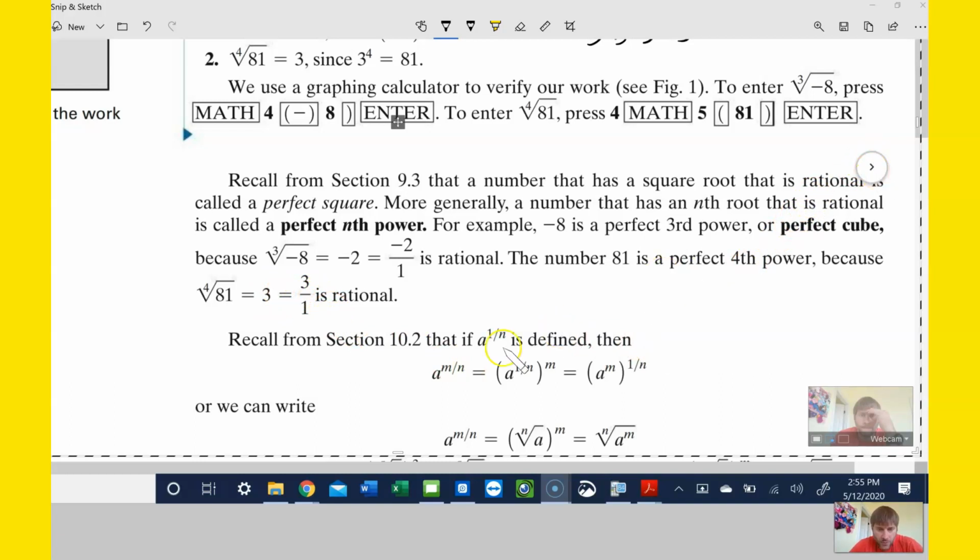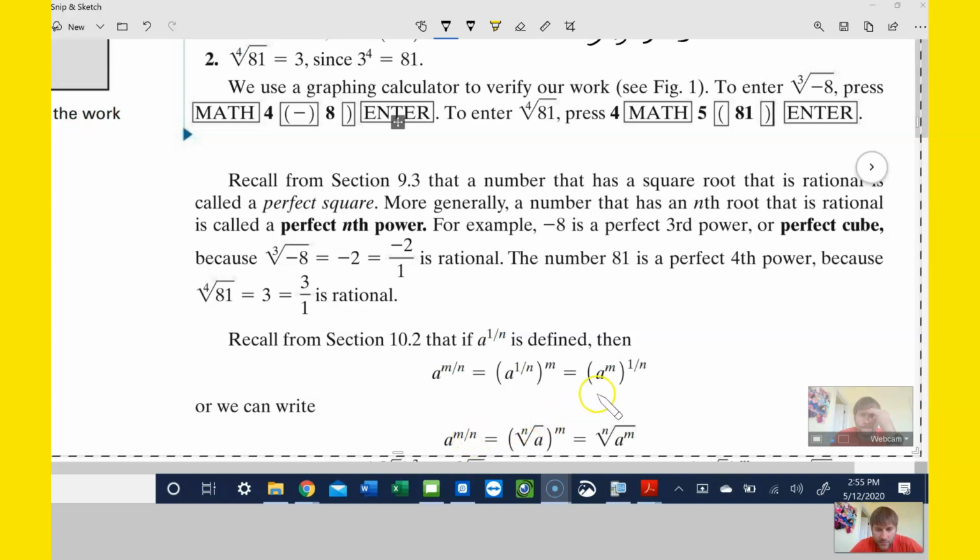All right, we can rewrite an exponent and a root as each other. You can do that by putting the index of the radical as the denominator of the exponent.